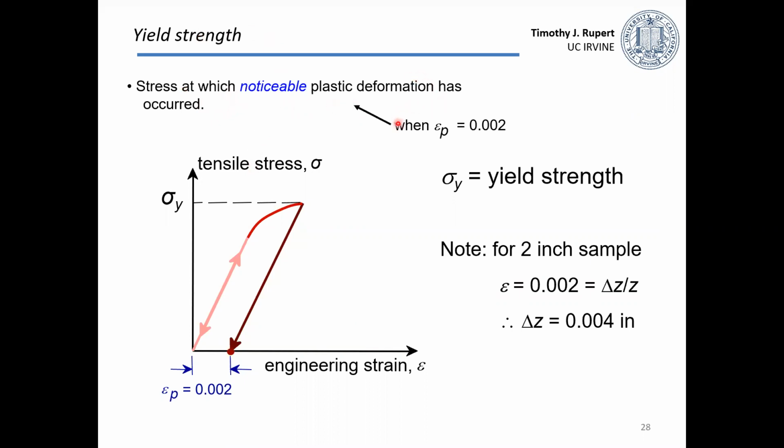Okay, and a common way of doing this is to apply the value of 0.002 or 0.2% as that value for noticeable strain. Okay? So if I load up and I unload and I have a noticeable strain, I'm going to call that my yield strength of my material.